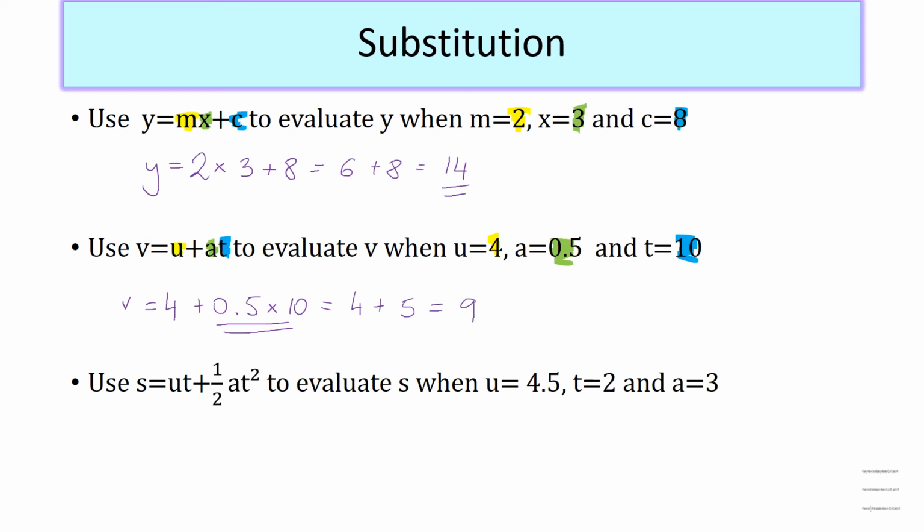And the last one. So I've got u, which is 4.5. I've got t, which is 2. And I've got a, which is 3. So I'm going to rewrite this now.